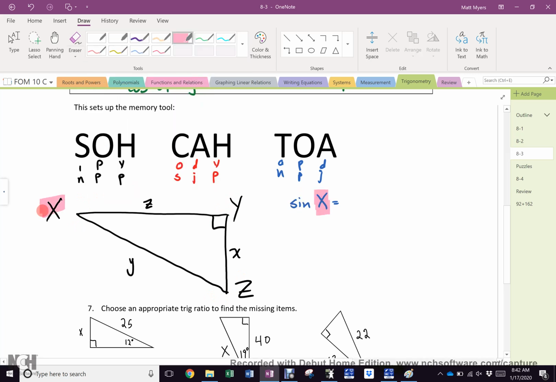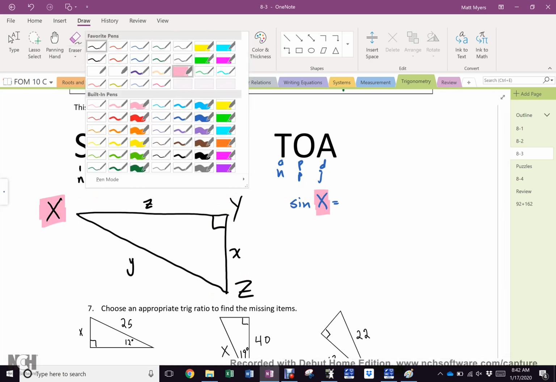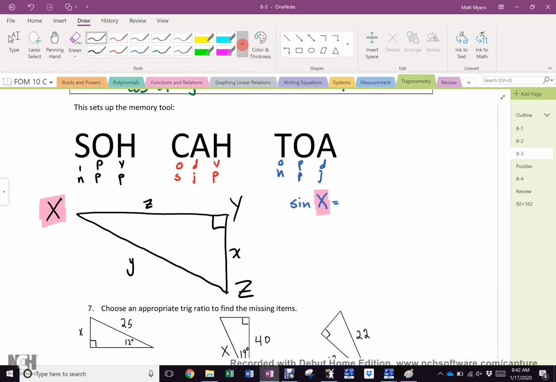Now, what is sine? You just wrote it down. Opposite over hypotenuse. What does opposite mean? Across. So what do you see that is across from the pink corner? Little x. Over, what is the hypotenuse? Y. If either one of them is a number, we can write it in here. Does everybody understand? Everyone is cool?